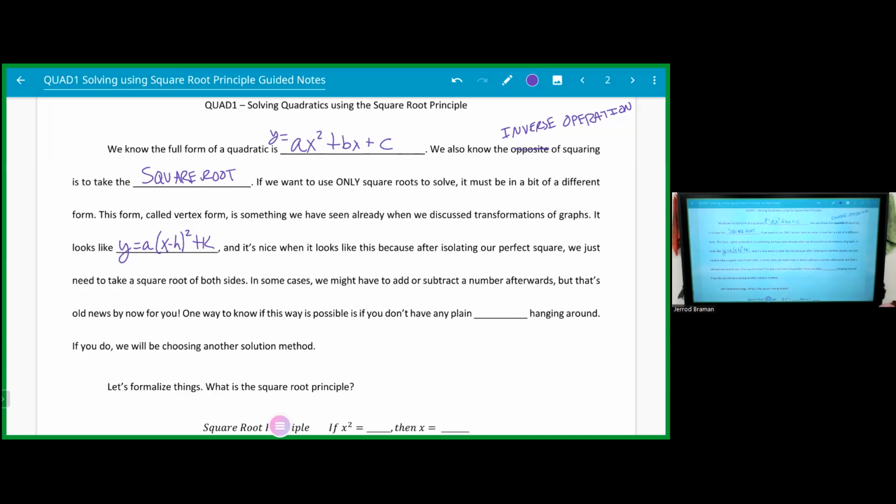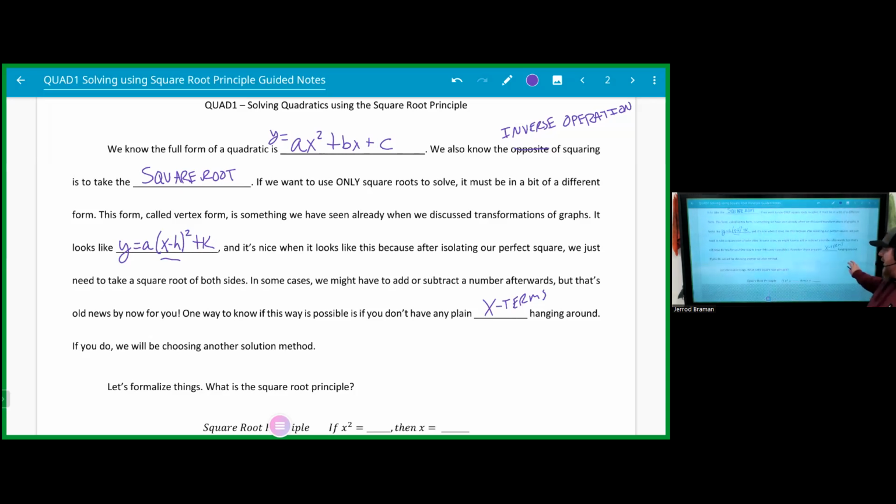One way for you to know if this is possible to solve by square roots is if you don't have any plain x terms. So if you've got an x squared or x with something squared, you're fine. But if it's like x squared plus 3x plus 4, you can't use it this way yet. We'll talk about that in a different target down the way.